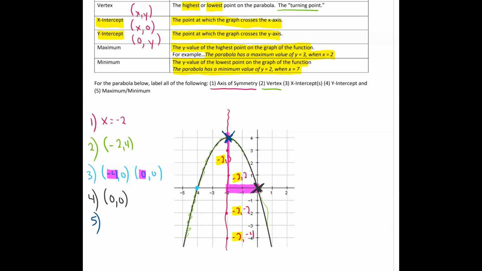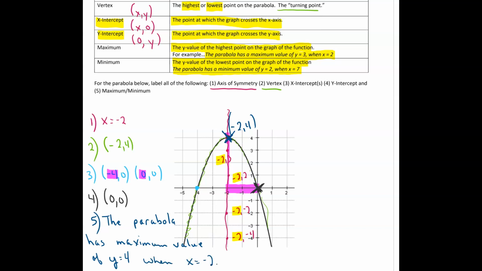So we would say the parabola has a maximum value of y equals, and again, this point, just to refresh your memory, is -2, 4. So the parabola has a maximum value of y equals 4 when x equals -2.